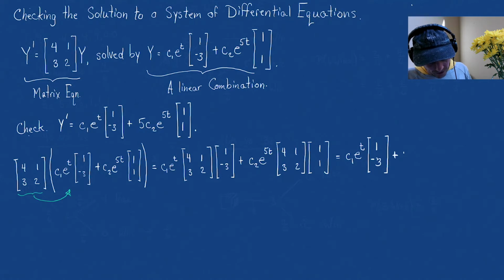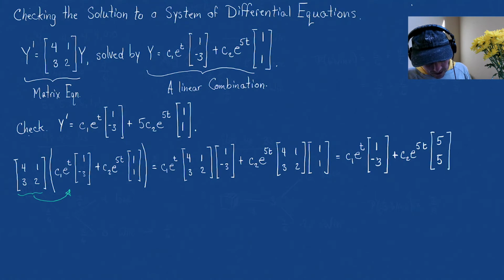Plus, I have a c2 e to the 5t. And let's do this again. So now I take 4 times 1, that's 4, plus 1 more is 5. Then 3 times 1 plus 2 times 1, that's another 5.